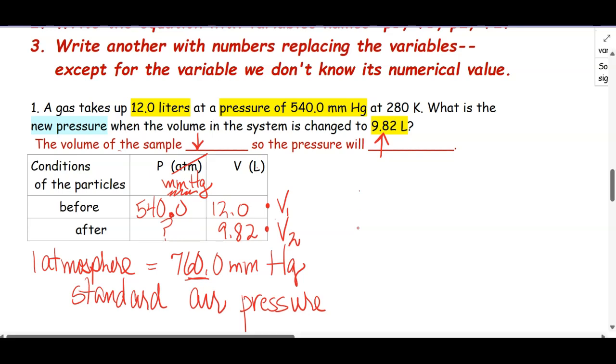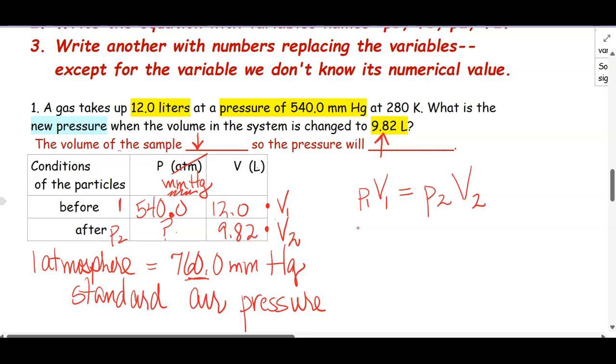Well, we just write that equation, P1 times V1 equals a constant, and that's why it was equal to the second pressure times the second volume at another point. And now that we have that, what is it we're trying to find? Oh, we're trying to find this. This is P2.